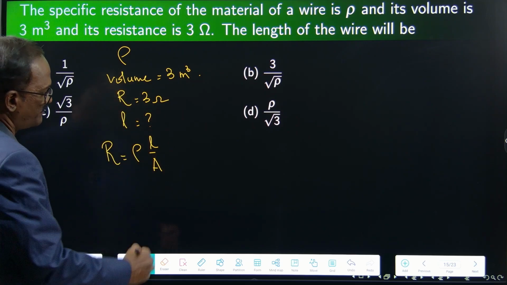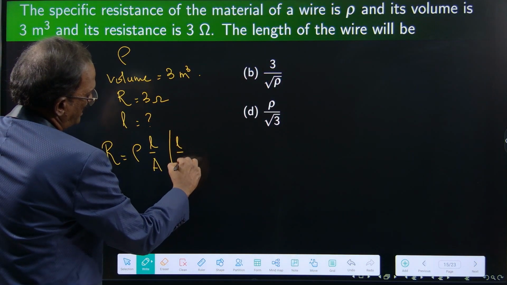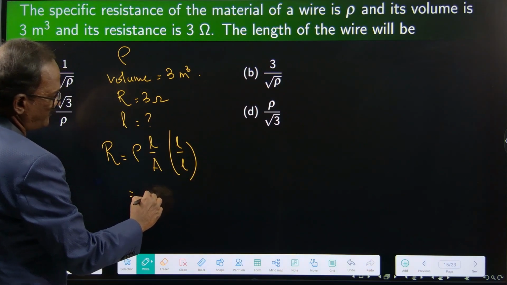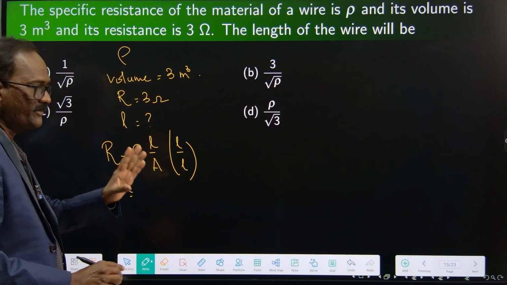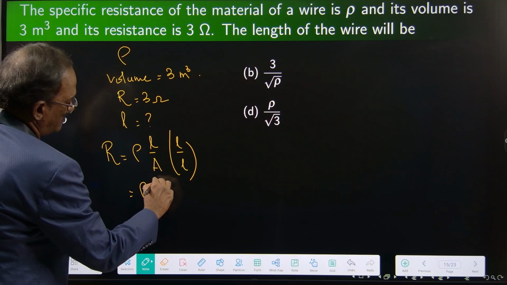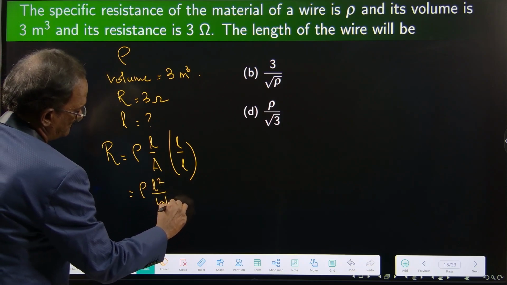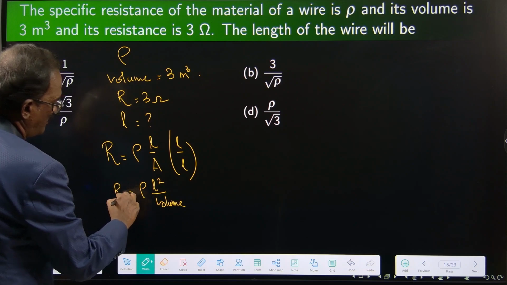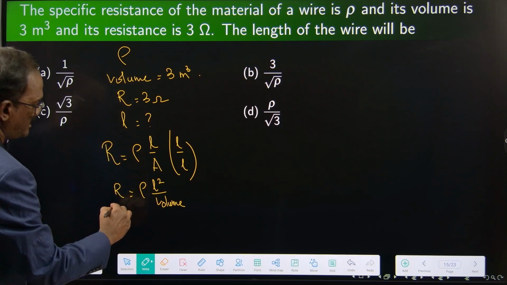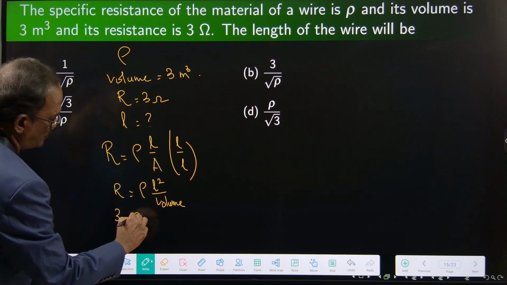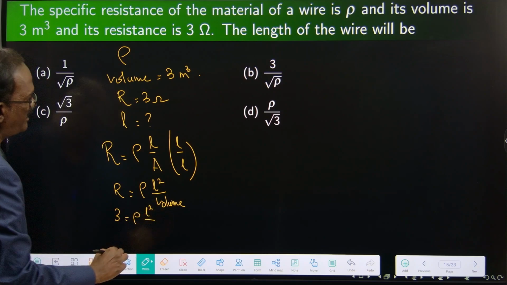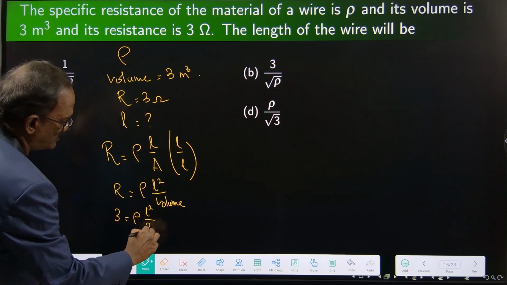Instead volume is available. Multiply and divide by L, so that A L will become the volume. So rho L square by A L, which is volume. R value is 3 ohms. Rho L square by volume is also 3.